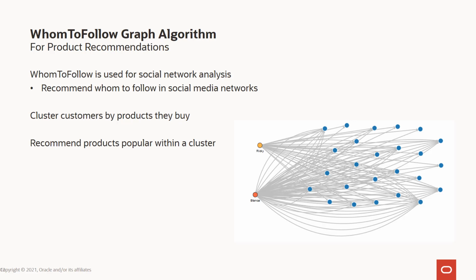We can use the same algorithm for product recommendations. We cluster customers based on the products they buy, so that you can make recommendations for customers in a cluster based on the products that are popular within that cluster. So now let's switch over to the demo.